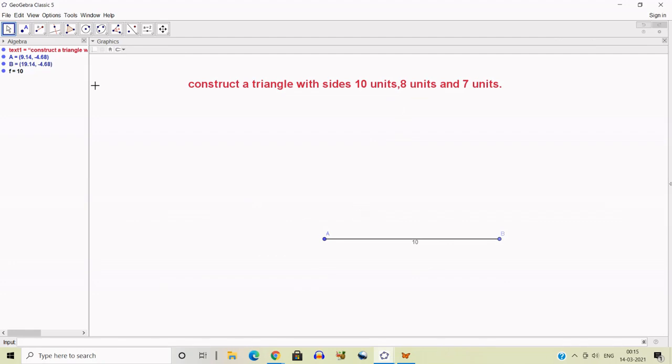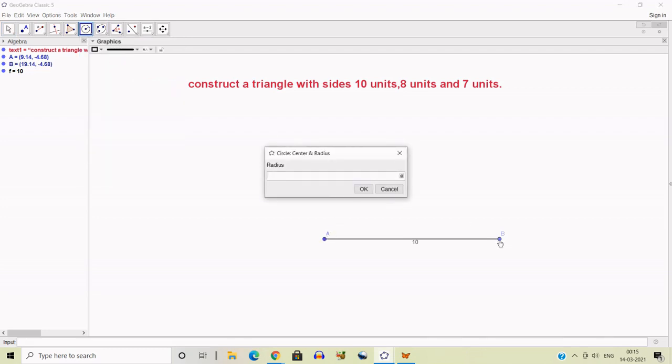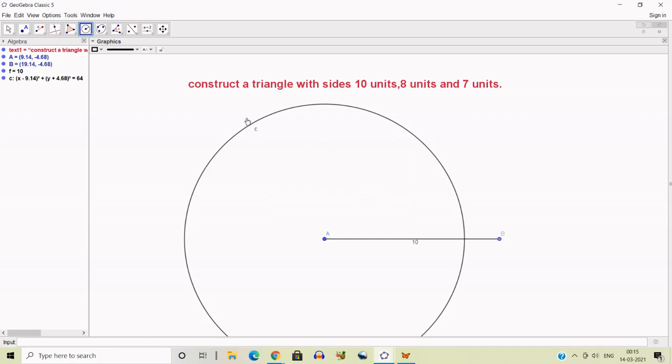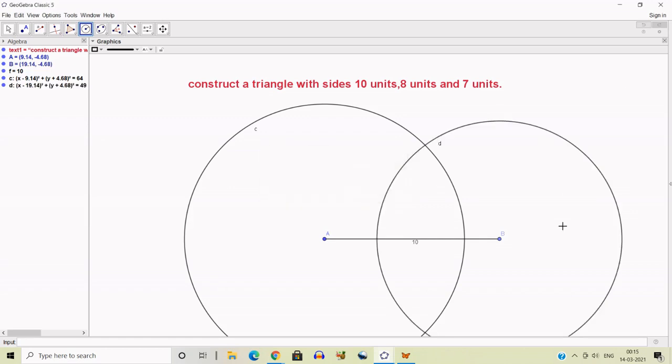Now we go for a circle with center and radius. We will click on point A and put here the radius, 8 units. Now we get a circle, right? Now with point B, we will draw a circle with a radius 7 units and we get the circle over here.